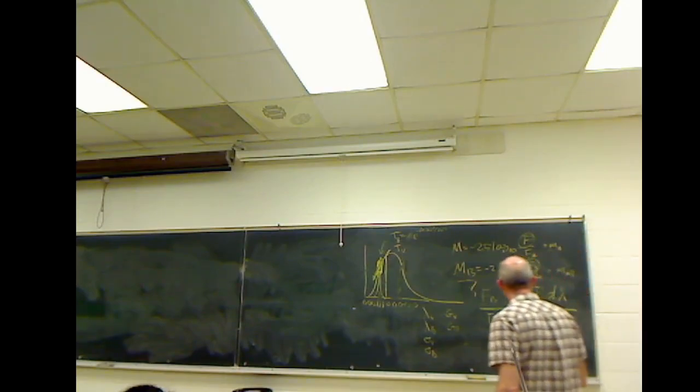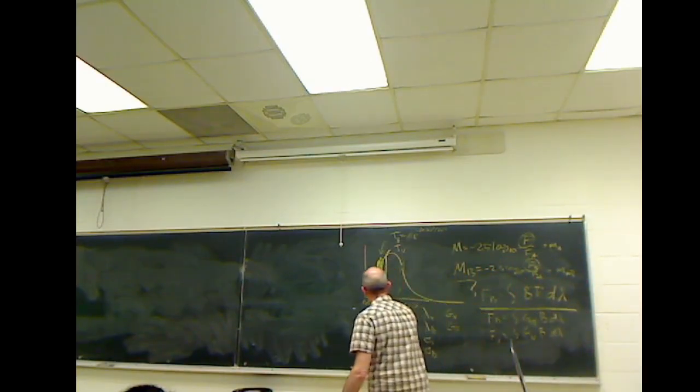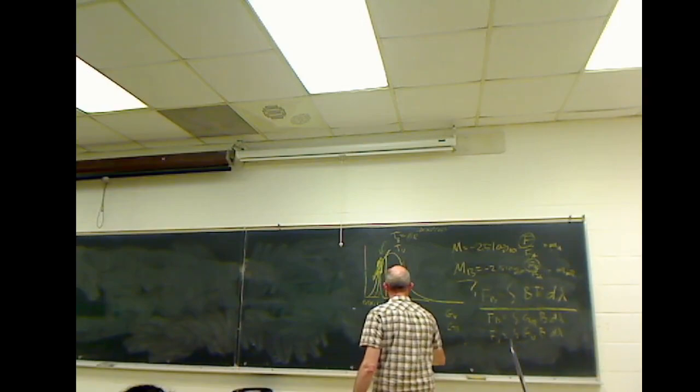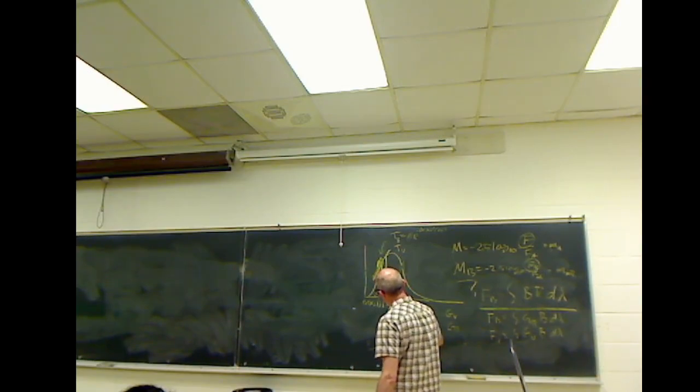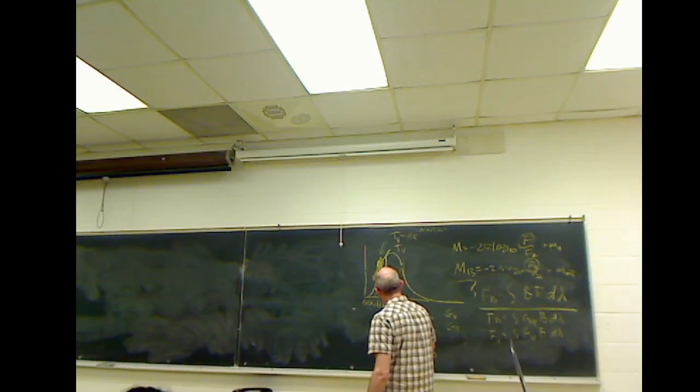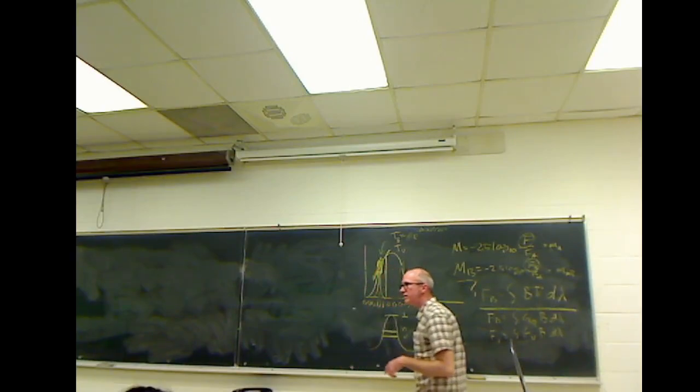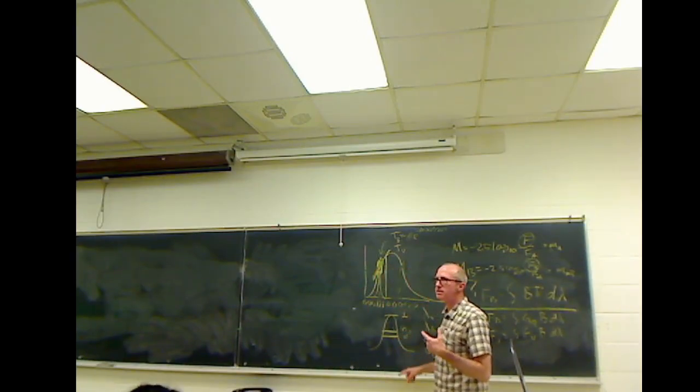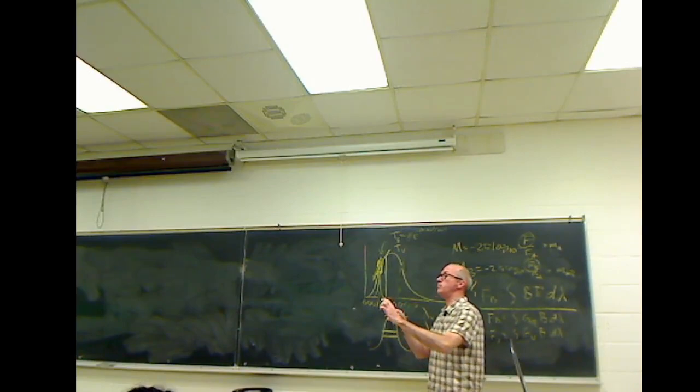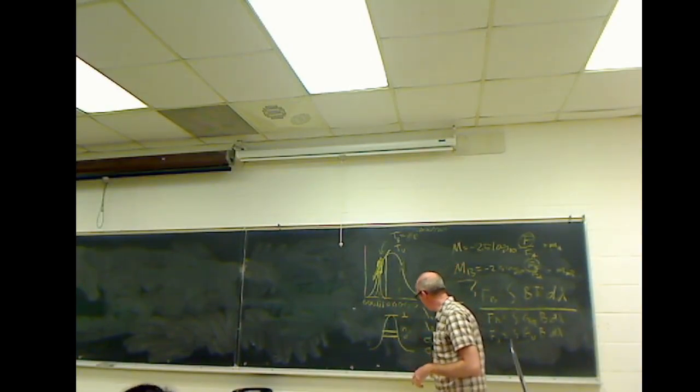If I have a Gaussian that looks like this, and this is 1 here, sigma is where the value is 1 over e. But the full width half maximum is where the vertical value is 1/2. So it's a little different, but they're related and you can compute it. The full width half maximum is the thing that you can do by eye. I can say, well, that one has a width of that. But sigma is a little harder.